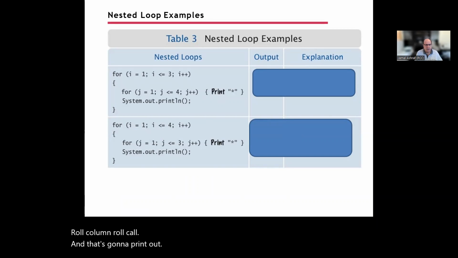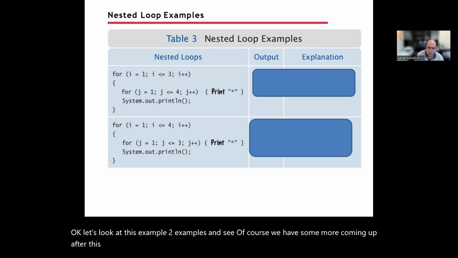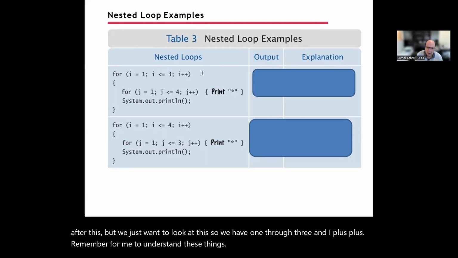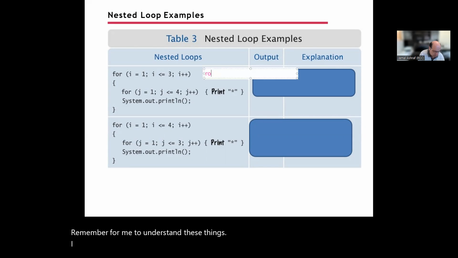Okay, let's look at these 2 examples. Of course, we have some more coming up after this, but we just want to look at this. So we have 1, 2, 3, and i++. Remember, for me to understand these things, I am thinking about this one for my row, and this one for my column.